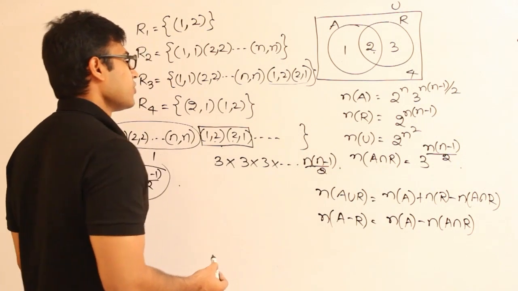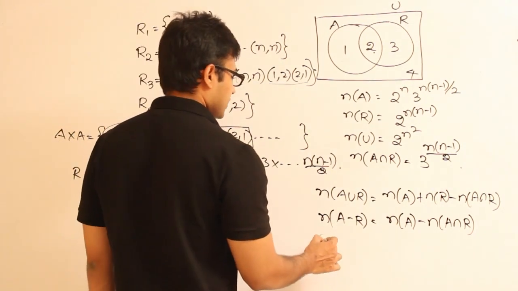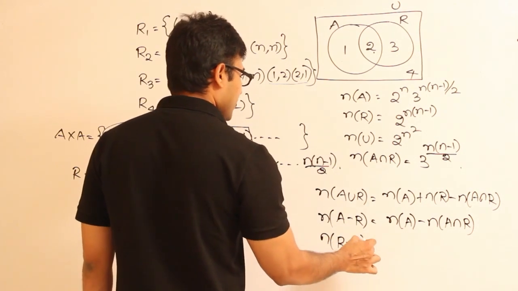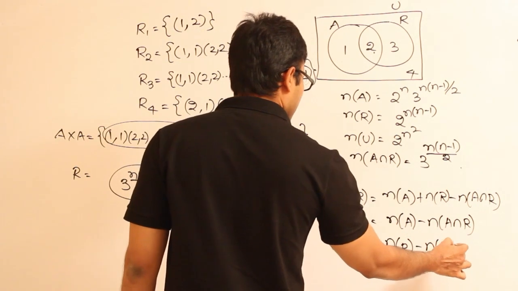If they are talking about the number of relations which are reflexive but not antisymmetric, they are talking about n of R minus A, which is n of R minus n of A intersection R.